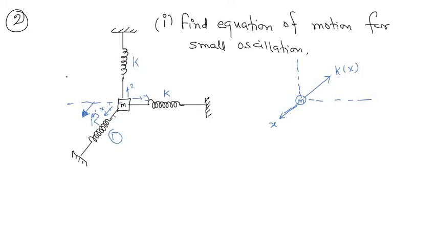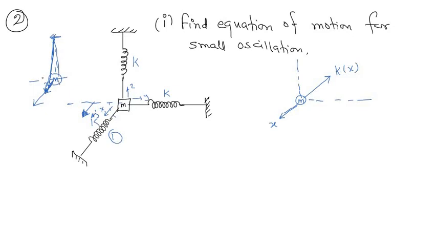The assumption is that when I stretch this spring in this direction by a distance x, the displacement of this upper spring will not be perfectly horizontal, but there will be a slight downward shift and rightward shift like this. We are neglecting this type of effect, the downward direction.